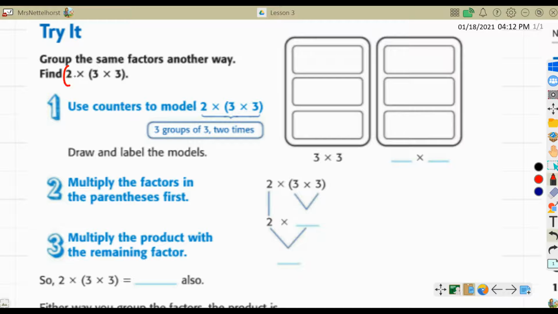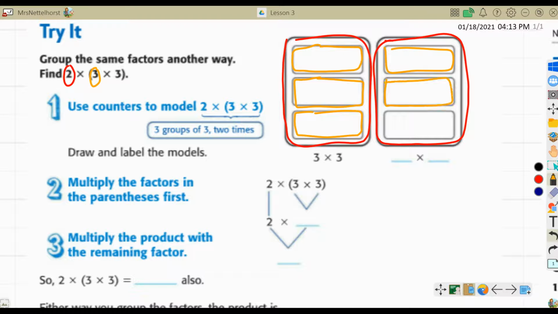So I have 2 times, okay, then I have 3, 1, 2, 3, 1, 2, 3, 1, 2, 3. Now all I need to add is the other 3.